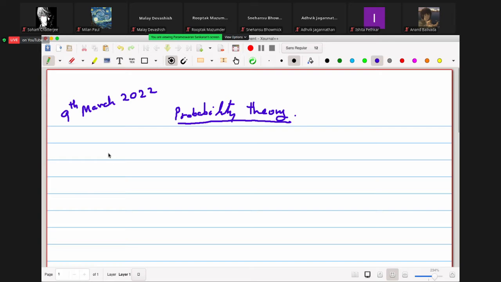Okay. So first question: find the mass function.